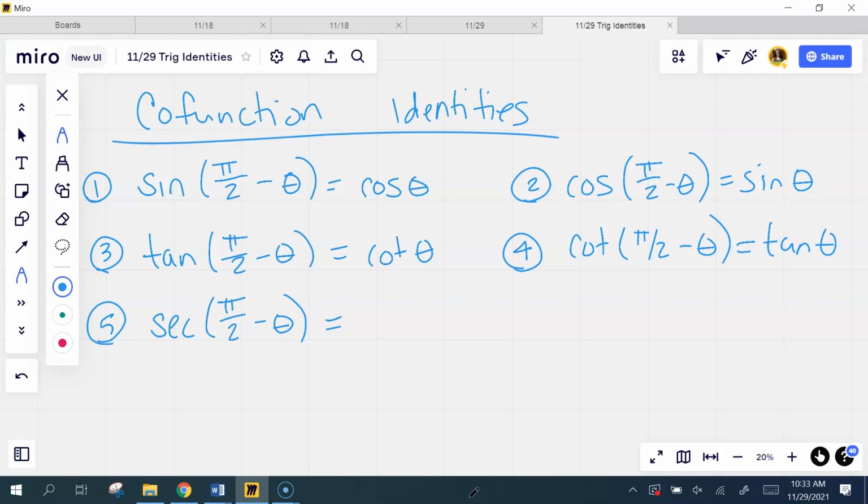You're exactly right. You are on it today, Kirsten. Cosecant theta. Remember, these are opposites.